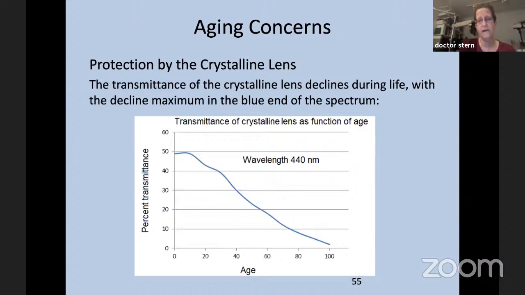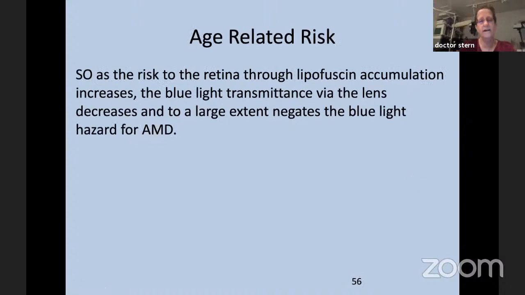So while we're talking about blocking blue and maybe it's harmful, you can see that if the lens is allowing less blue, and it turns out that more people who are phakic than aphakic or have intraocular lens implants develop macular degeneration, is blue really the thing we have to be worrying about? But again, as the lipofuscin accumulates, the blue light decreases, so there's certainly less blue light hazard to the retina.